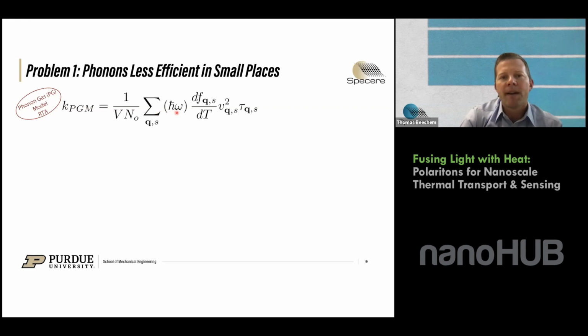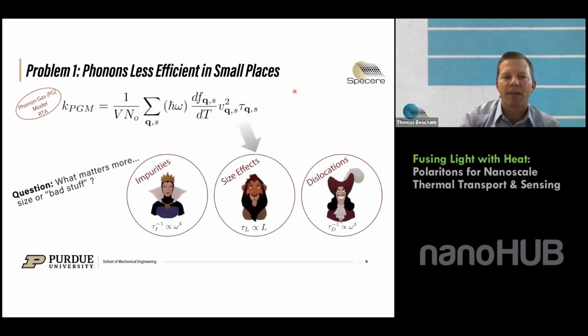We're going to count how much energy they have. This is our statistics to make sure we're counting the right number, and then how fast they're moving, and the velocity times the scattering time gives us the mean free path. So the dispersion tells us how many carriers we have and how much they're moving, and then this tau term on the right tells us how soon they scatter.